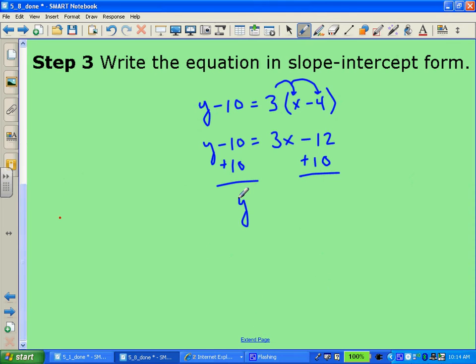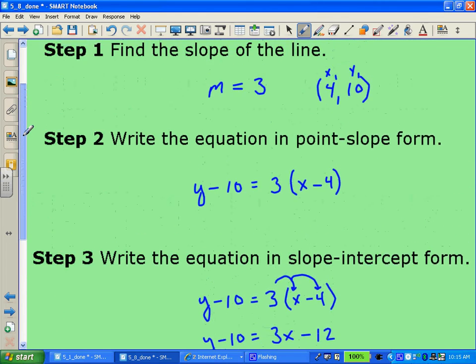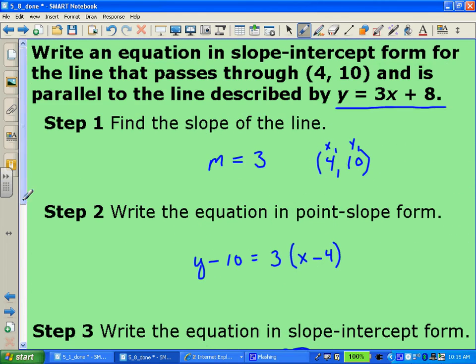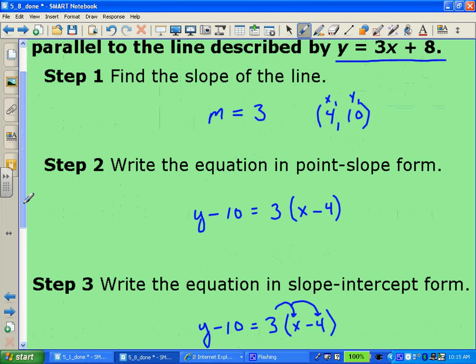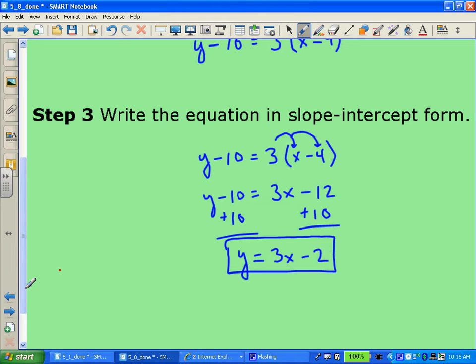So I end up with y equals 3x minus 2. That would be a line that has the same slope, so it's parallel, and it passes through (4, 10). So we find the slope, we go to point-slope form, and then we change that into slope-intercept form.